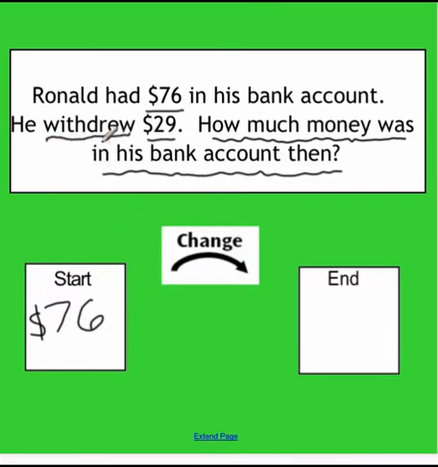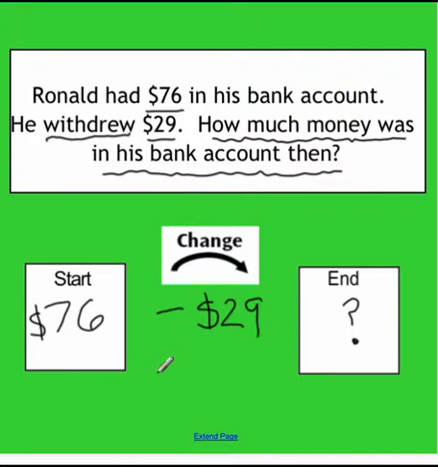Remember what that means? That means to take money out of the bank. If he's taking money out of the bank, the money's going away, so we are subtracting. He withdrew $29. I need to figure out then the end. How much money was in his bank account after he took out his $29?